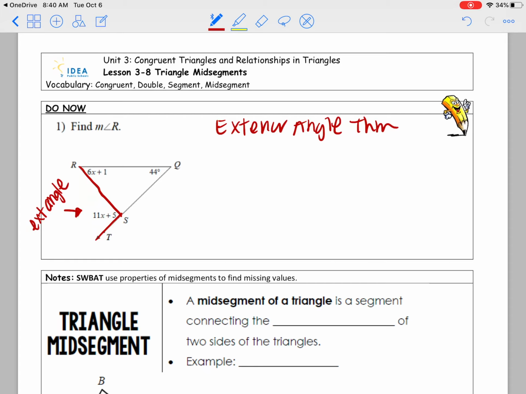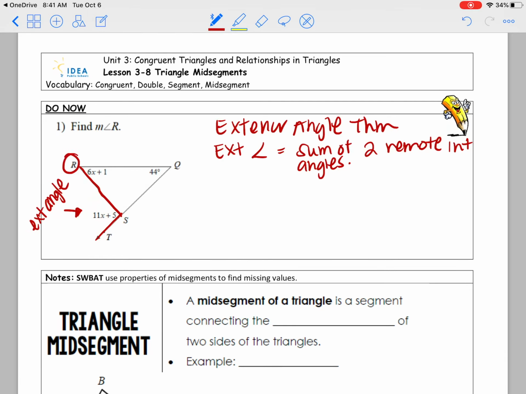And so the exterior angle theorem says that the exterior angle is equal to the sum of the two remote interior angles.